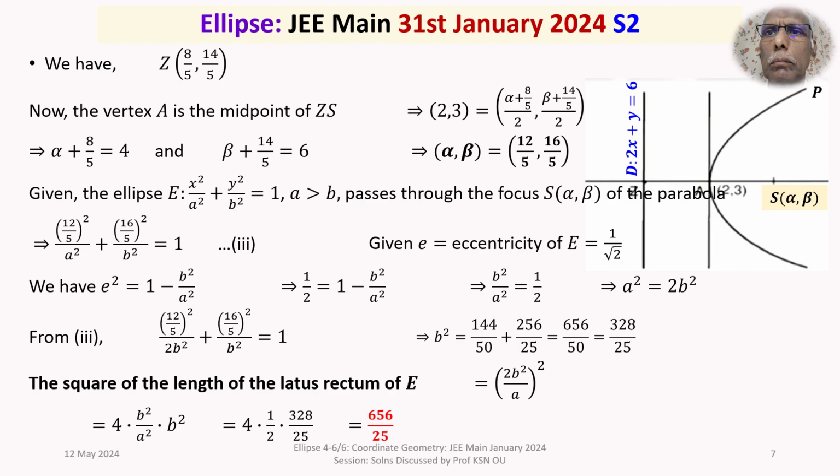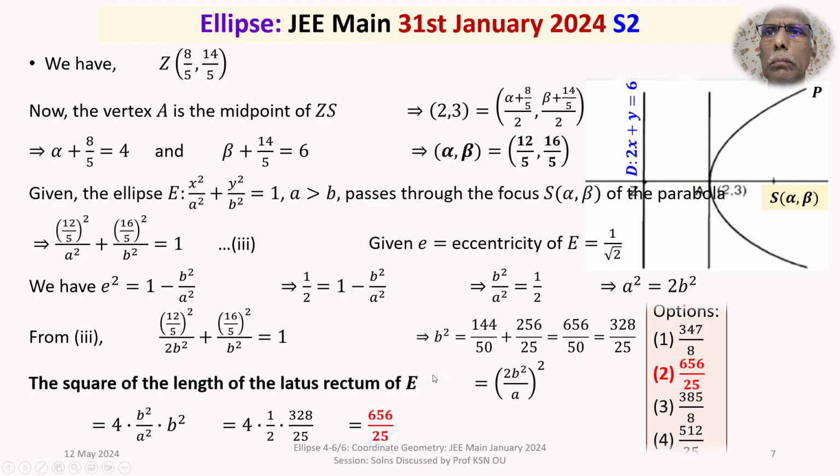We have already computed b square by a square, it is 1 by 2, into b square, we have already seen, 328 by 25. Simplifying, we will get 656 by 25.